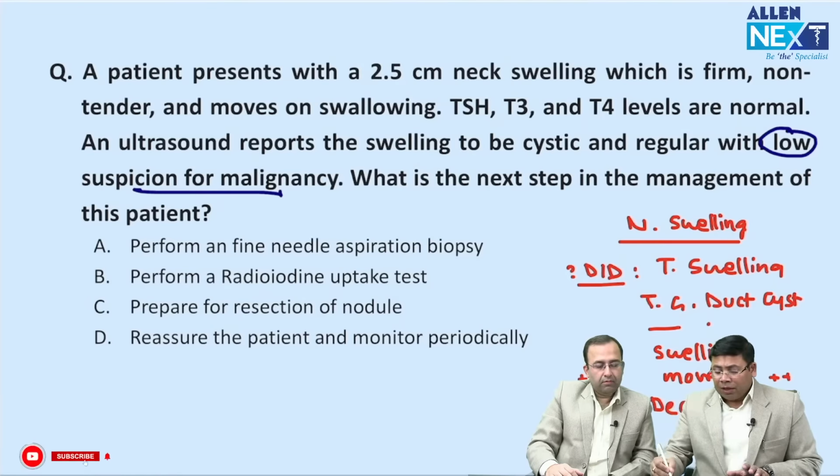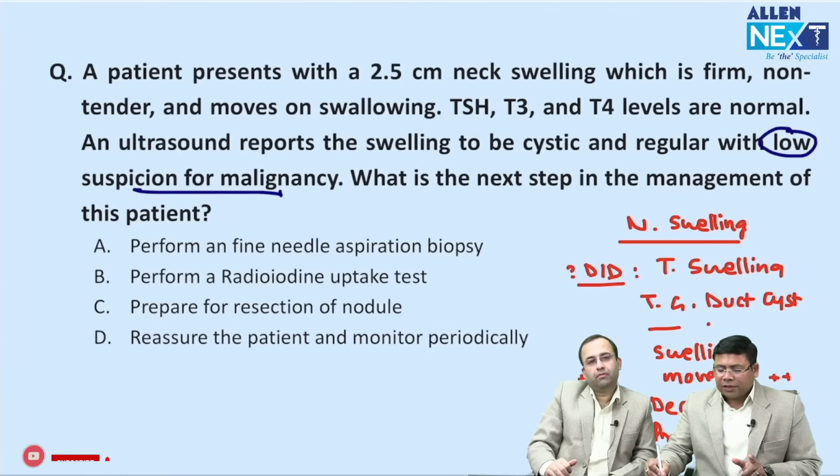But when we talk about thyroglossal duct cyst, it is connected to the base of the tongue. So with the protrusion of the tongue, always remember if it is moving, then that is a thyroglossal duct cyst, else it's a thyroid cyst. So this is a very simple thing that you need to understand and you will make a diagnosis that it's a thyroid swelling now based upon the scenario.